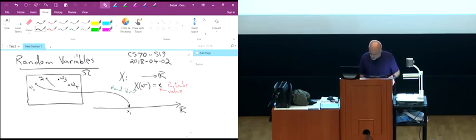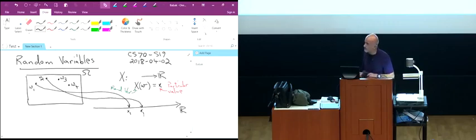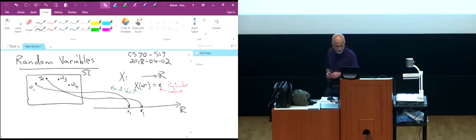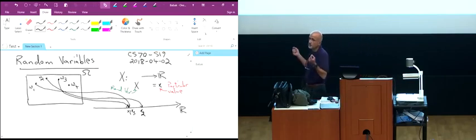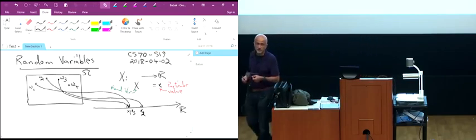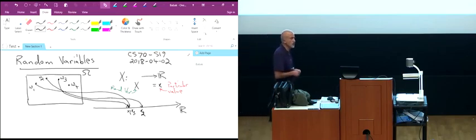So omega 2, the random variable X will map omega 2 to some other particular value, x2. And it might take omega 3 and map it to the same place that x1 was mapped. So in this particular case, two different outcomes correspond to the same value of the random variable. What can you not have in this situation?